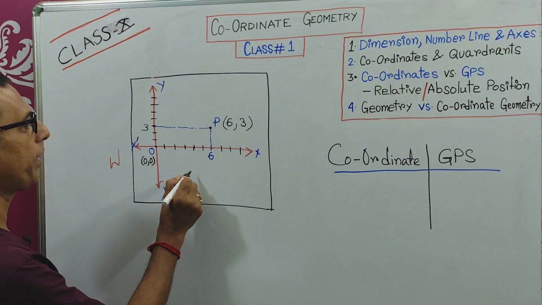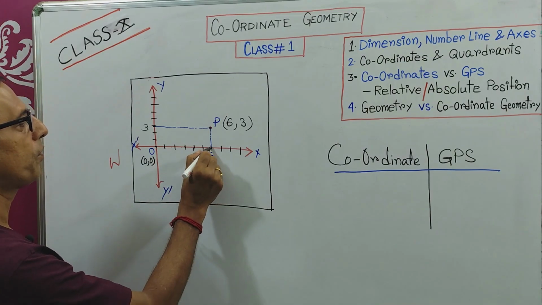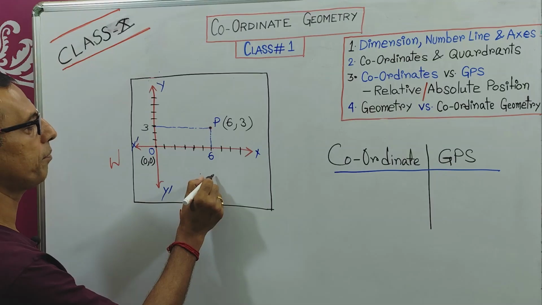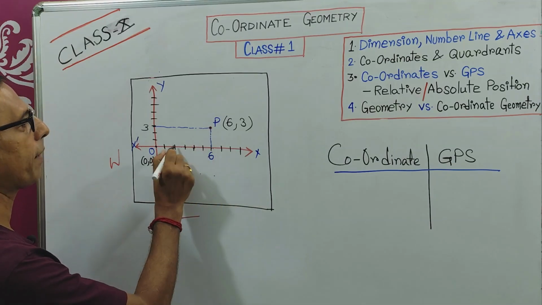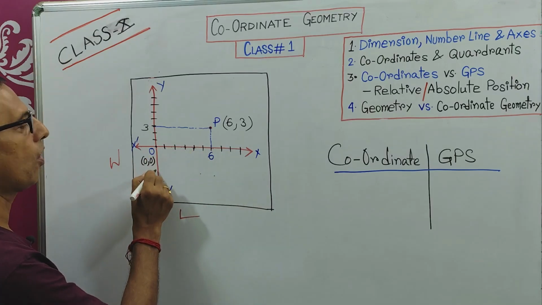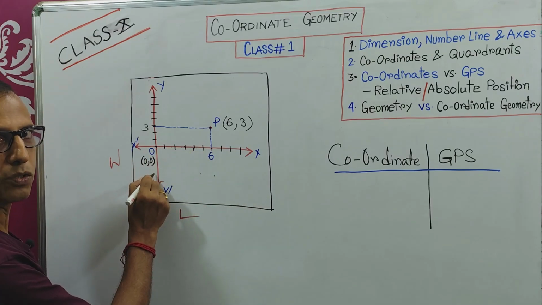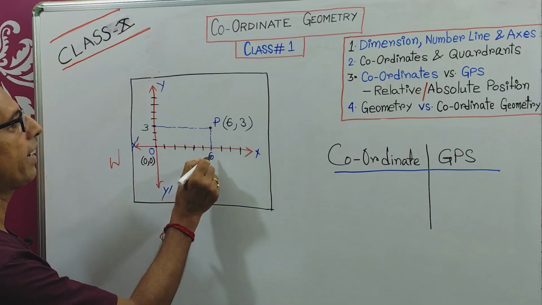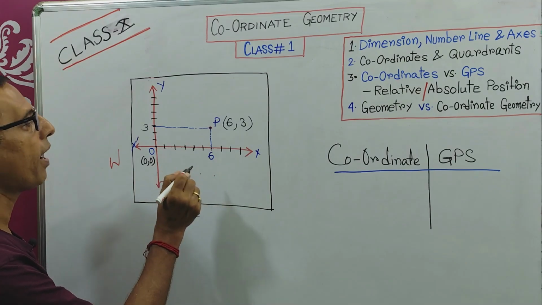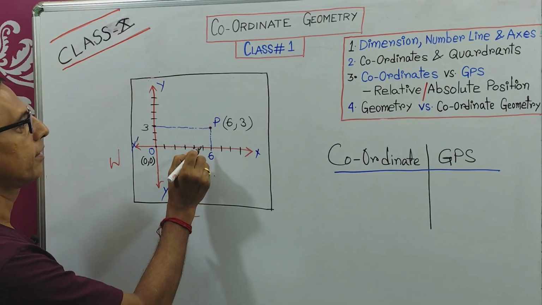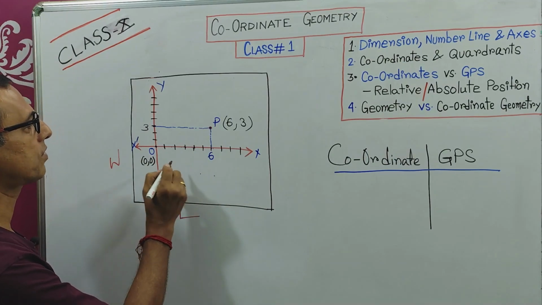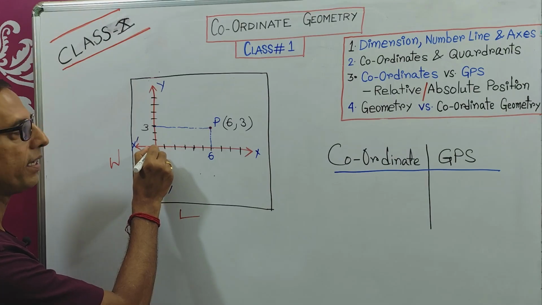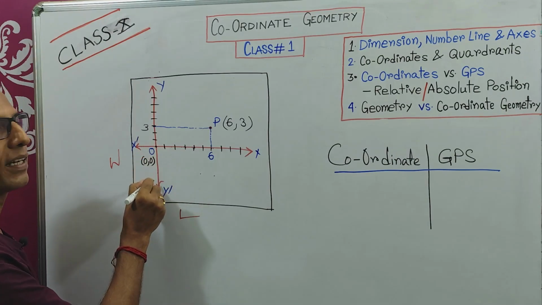If the point is here, for the same location but in the fourth quadrant, where the abscissa is 6 and the ordinate is also 3, distance wise 3 units ordinate and 6 units abscissa, the coordinate will be 6, minus 3, because the ordinate is coming along the negative direction.